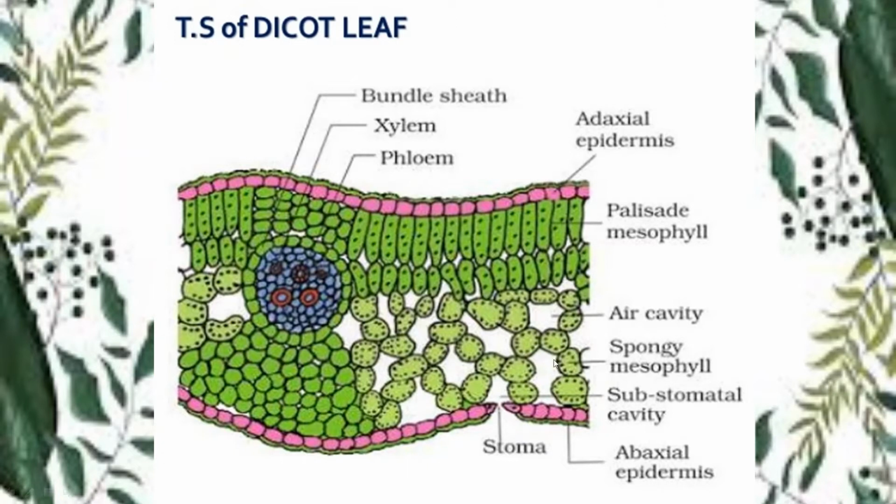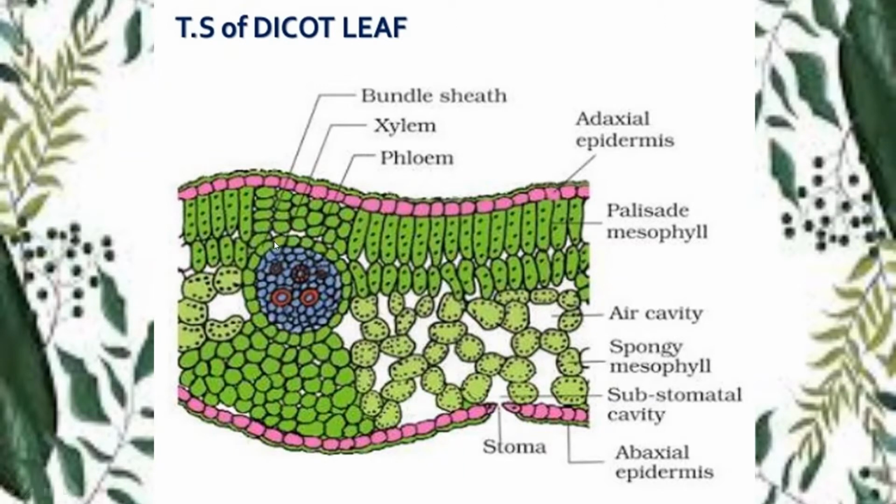Now, these mesophyll cells are parenchymatous in nature, so they can also be termed palisade parenchymatous cells and spongy parenchymatous cells. The palisade layer is a compact layer, but spongy is a loose layer. It is not compact. See, the air cavities are present in between the cells.